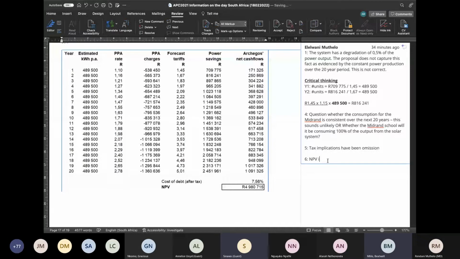So the best is using WACC. So NPV should be evaluated based on what? Based on the weighted average cost of capital, since this is an operational decision and not a financing decision.